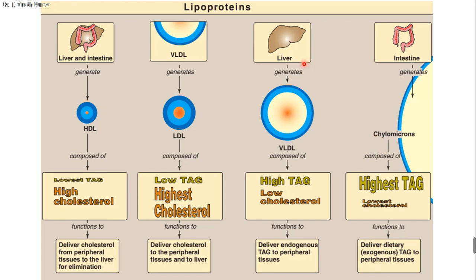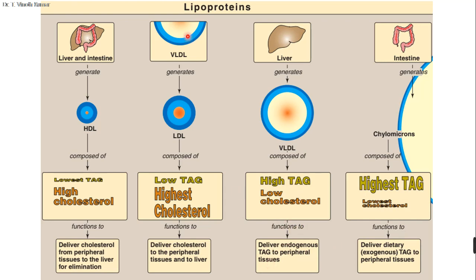Next one is VLDL. The liver is involved in generation of VLDL, and VLDL is composed of a high amount of triacylglycerol and low cholesterol. It functions to deliver endogenous triacylglycerol to peripheral tissues, the same function.